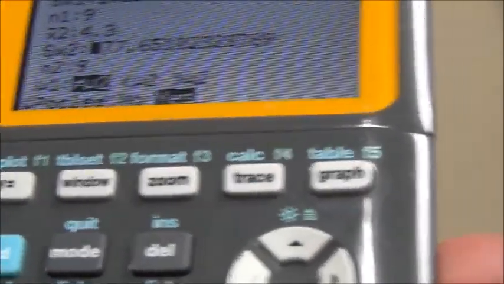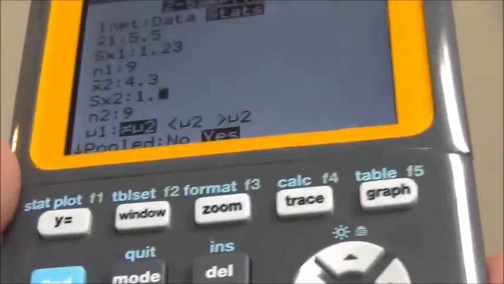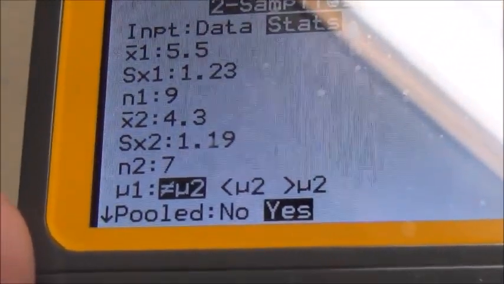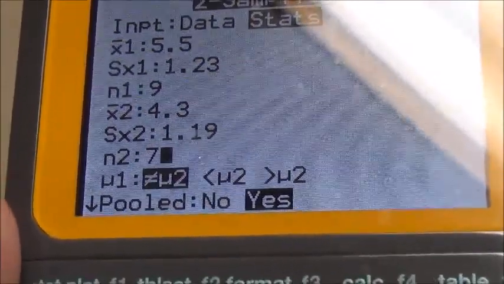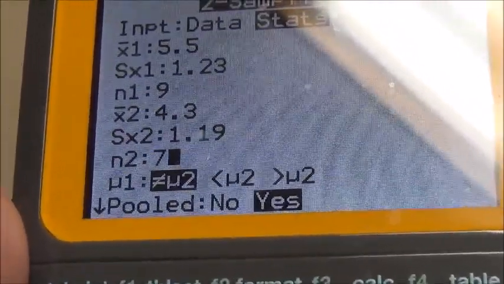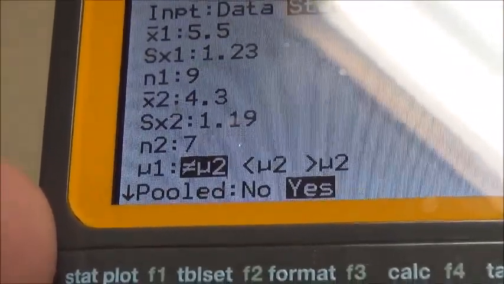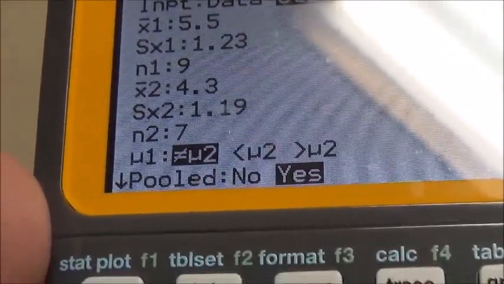Standard deviation for the women, 1.19. And the number of women sampled was 7. So we input our data, 5.5 for the mean for the men, 1.23 standard deviation, 9 were sampled. For the women, 4.3 days, 1.19 standard deviation, 7 were sampled.